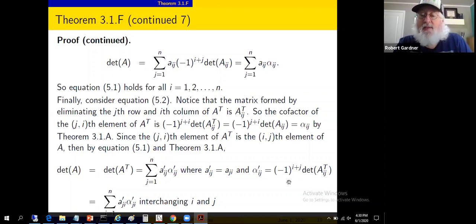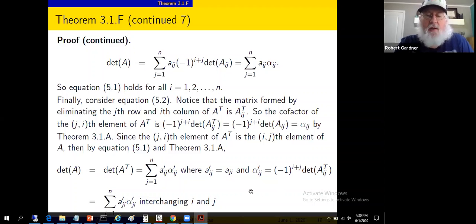This quantity sounds familiar. We were just talking about that up here. Different order on the powers, j plus i versus i plus j, but otherwise everything's the same. That doesn't change anything. And it turns out that's alpha sub ij. So this quantity, in fact, equals alpha sub ij.